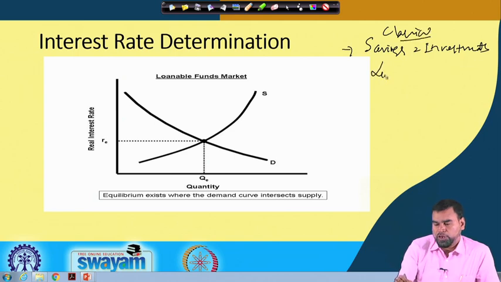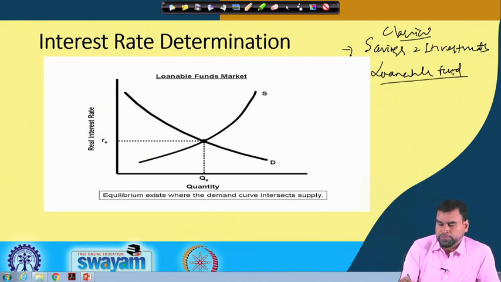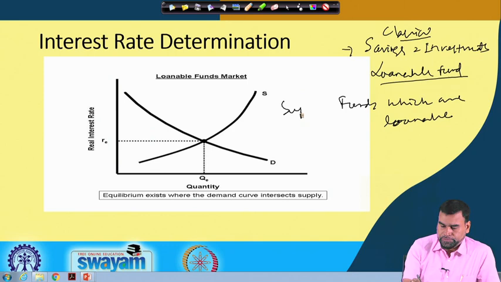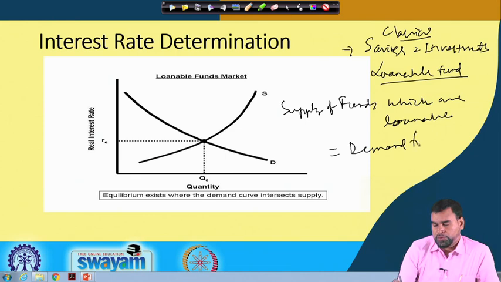But according to the loanable fund theory, we are going to the equality between the supply of funds which are loanable and the demand for funds which are loanable.